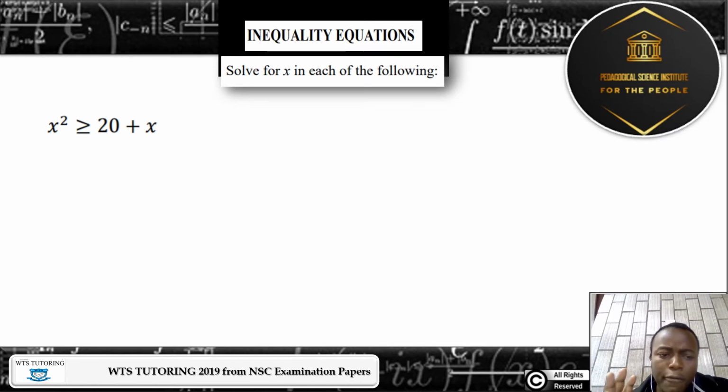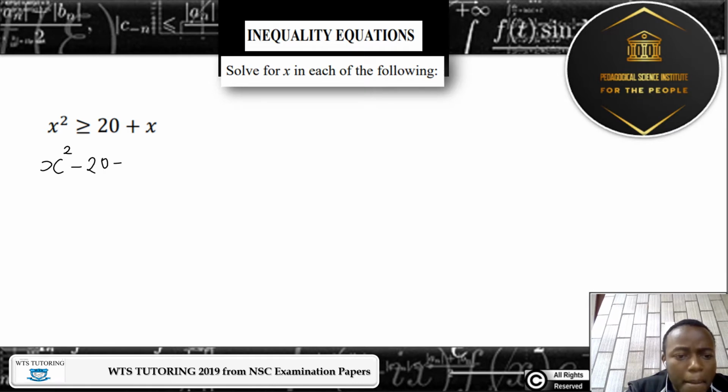So you're given that equation. They say solve for x, right? But we can see that this is a quadratic equation only if we can transpose the 20 plus x to the other side. Then we just have our quadratic equation. So that will be our first step. We say x squared minus 20 minus x will be greater or equal to 0.